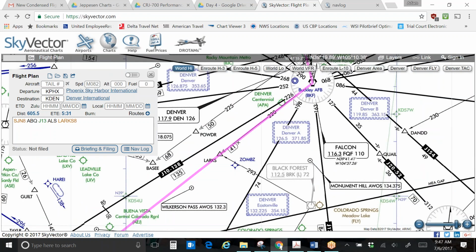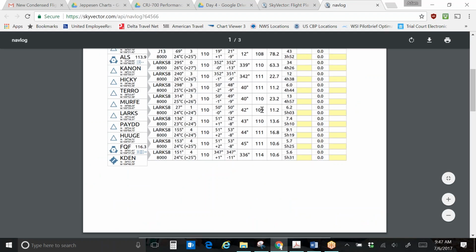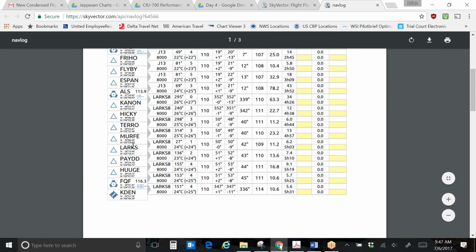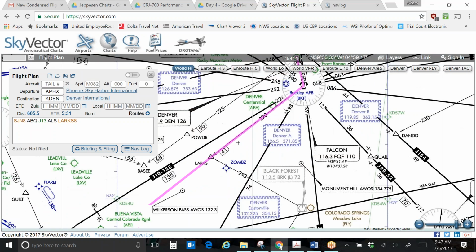From that Murphy intersection, if you look back at our nav log, as you're coming in from Murphy, look at your magnetic heading here. Basically 42, 43. If you want to look at it more directly in sky vector, you're coming off of that 220 radial.